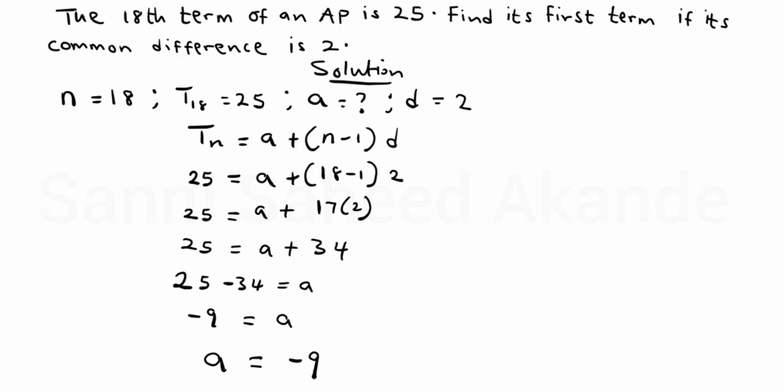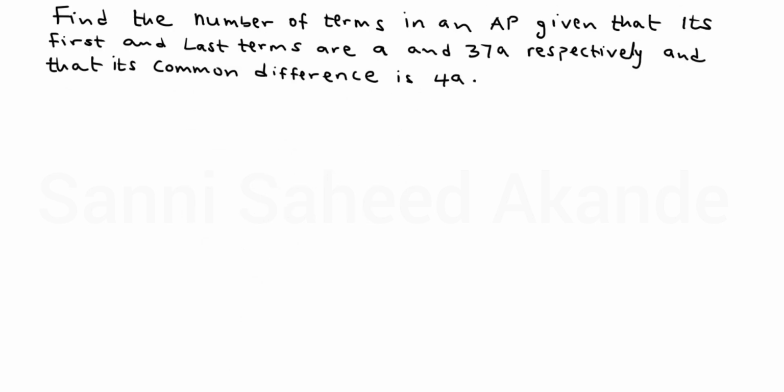Let's continue. We have another question here, and the question says find the number of terms in an AP given that its first and last terms are A and 37A respectively, and that its common difference is 4A. Solution. From this question we're given Tn, and our Tn is 37A, because they said last term.